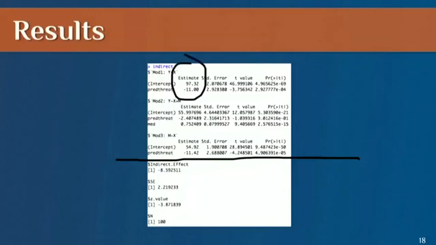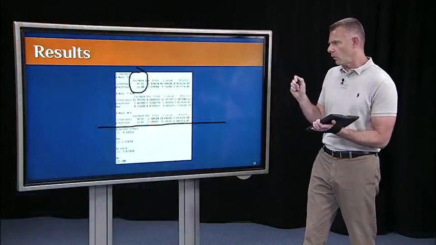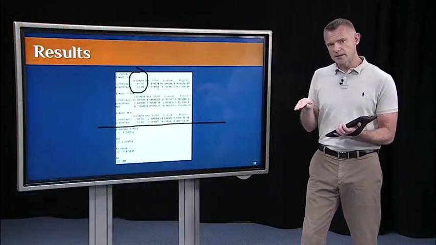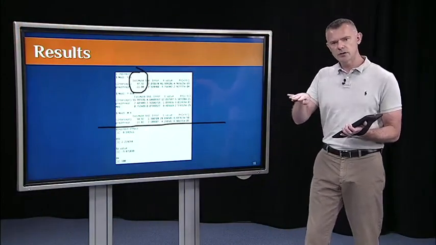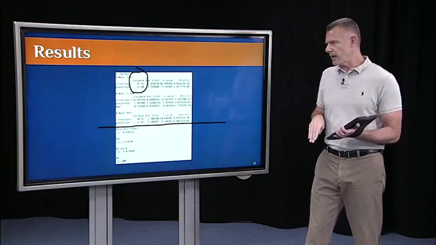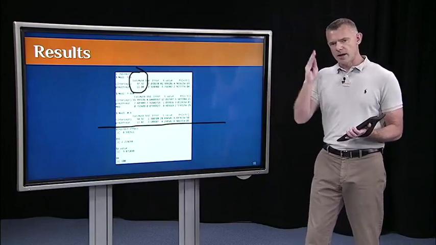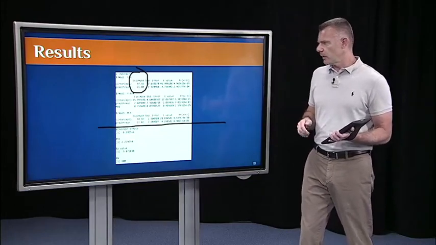And what you see is the predicted score on IQ when in the control condition, because when x is 0, right, is 97. So that's about average. Remember from the last lecture, this IQ score is scaled to have an average of 100. So it's about average.